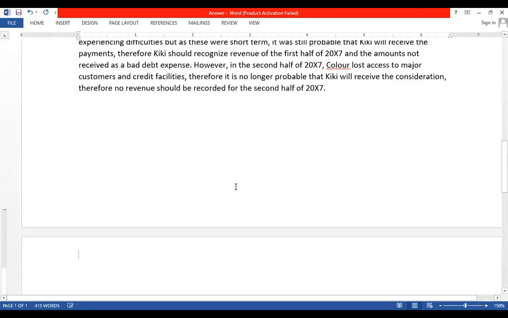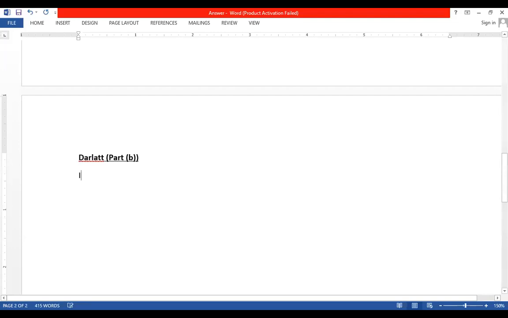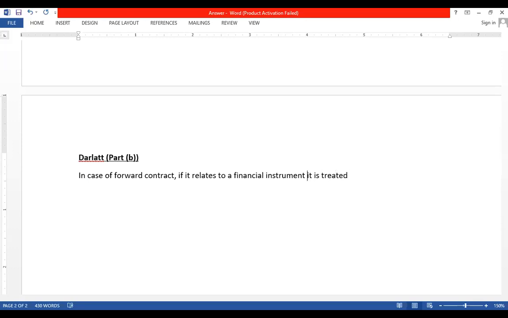So we are going to say that in case of forward contract, if it relates to a financial instrument, or is expected to be settled in cash, it is treated as a derivative under IFRS 9.